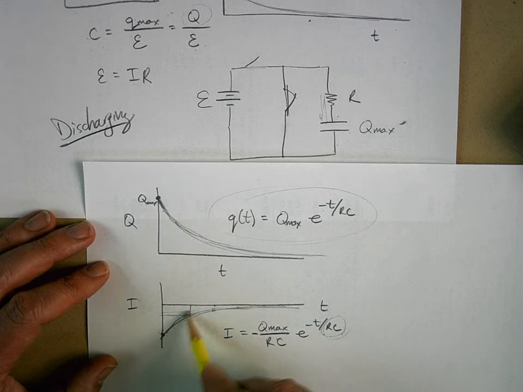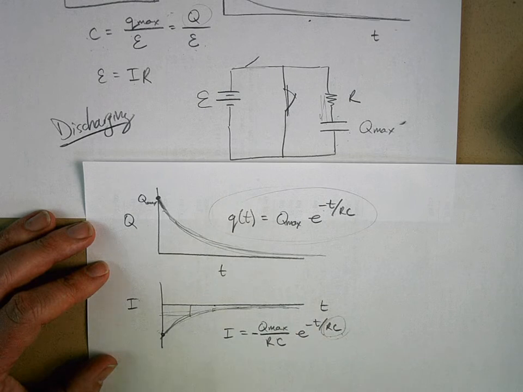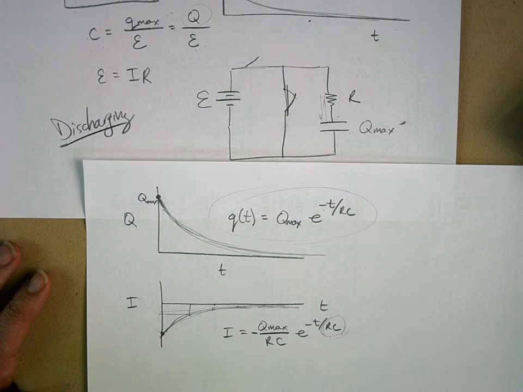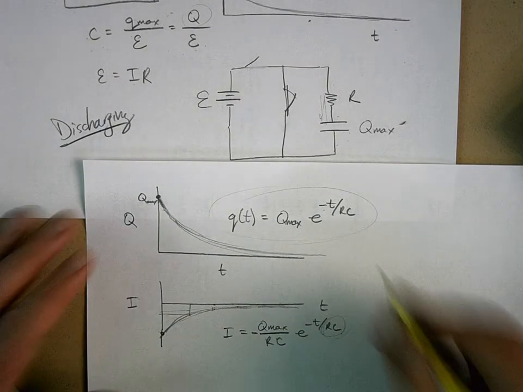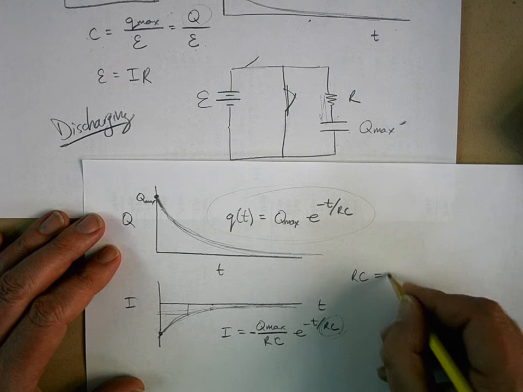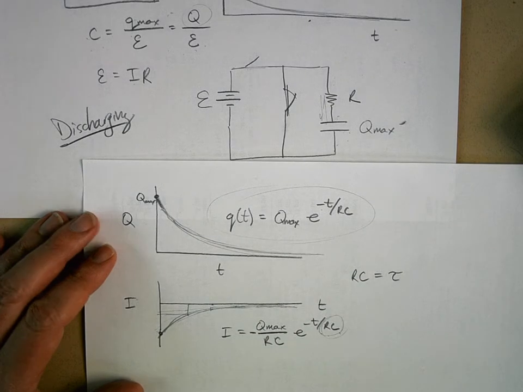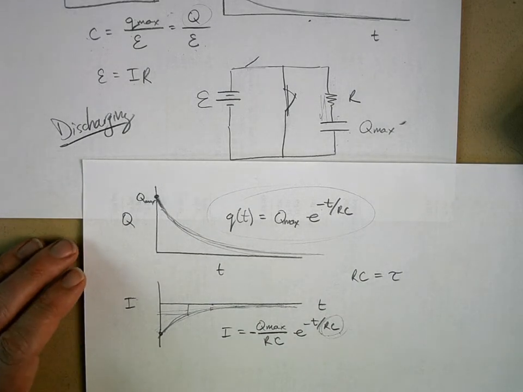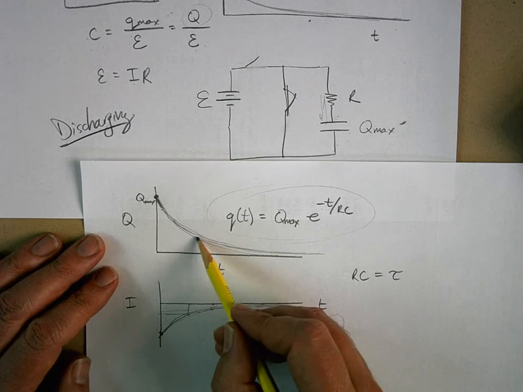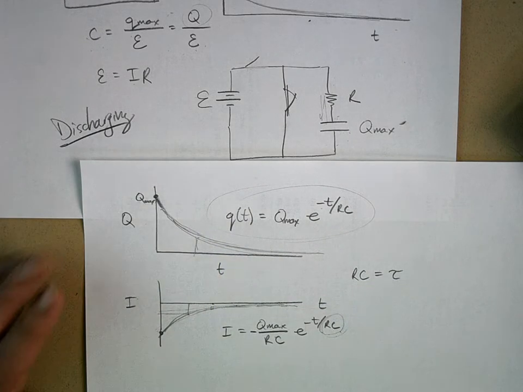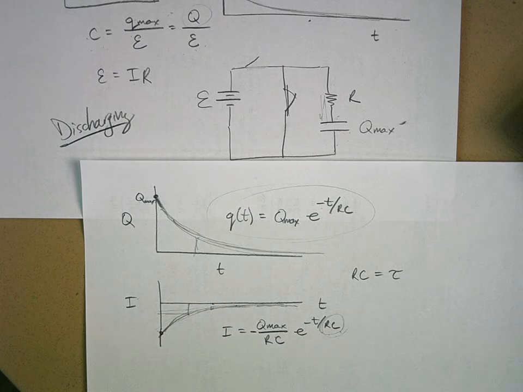I think we discussed that. This RC is called the time constant. We use the letter tau to represent the time constant. For a discharging capacitor, it's when we get to about 37% or roughly of what we started with, the time it takes to lose about 2/3 of your charge.